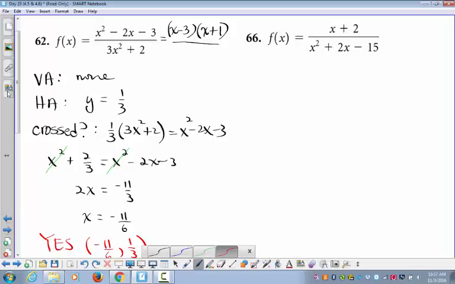Where the denominator is 0, as long as the numerator is not simultaneously 0, so factor. Factor first.